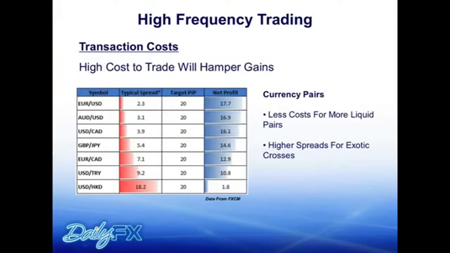One thing to keep in mind is that as we go down the line to the more exotic crosses, such as the US dollar and Hong Kong dollar, or the US dollar and Turkish lira, the costs are higher. For the Turkish lira it's 9.2, but the USD HKD is all the way at 18.2.